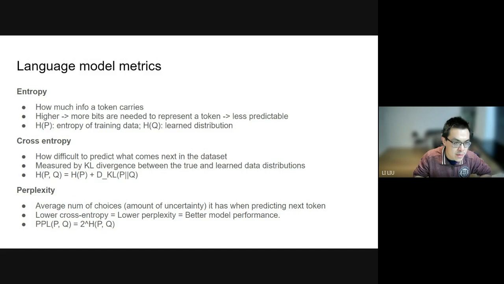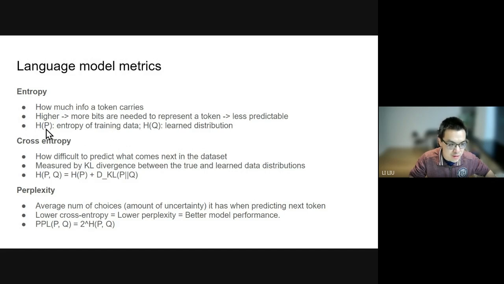There are three main metrics. One is entropy. Essentially it measures how much information a token carries. If the entropy is higher, it means the response is less predictable. In the notation we use here, H(P) is the entropy of the training data, and Q is the length distribution of the training data by the model.